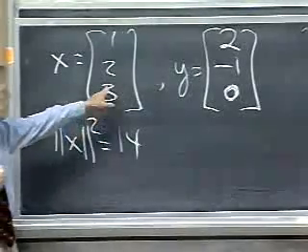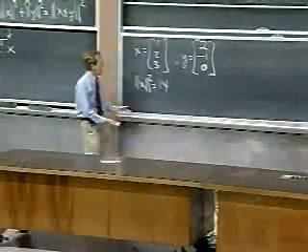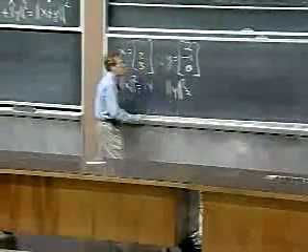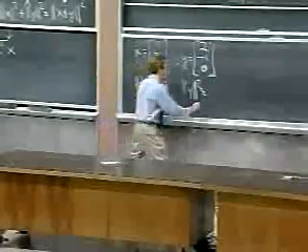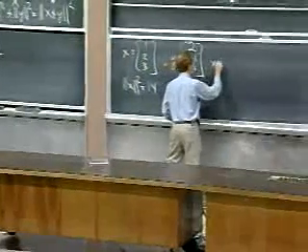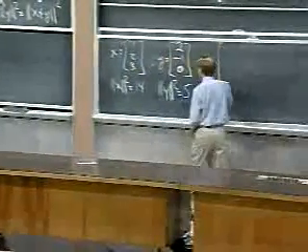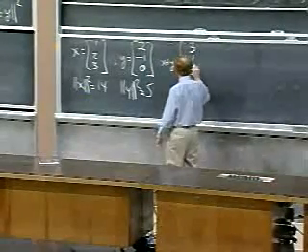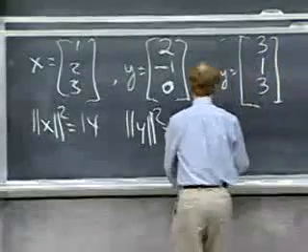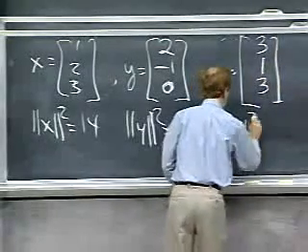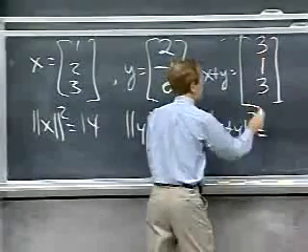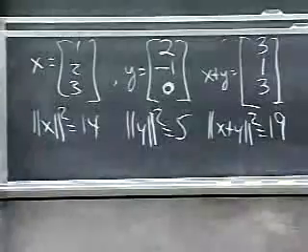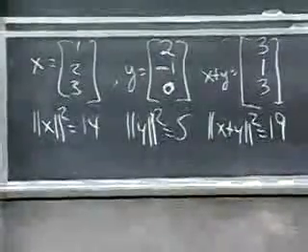Those two vectors are orthogonal. The length of y squared is 5. And x plus y is 1 and 2 making 3, 2 and minus 1 making 1, 3 and 0 making 3. And the length of this squared is 9 plus 1 plus 9, 19. And sure enough, I haven't proved anything.